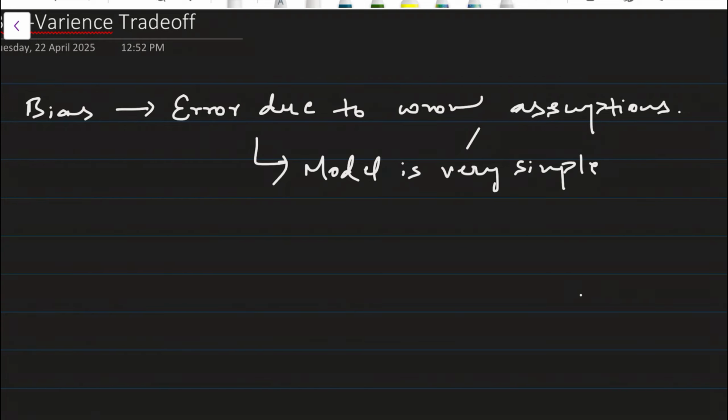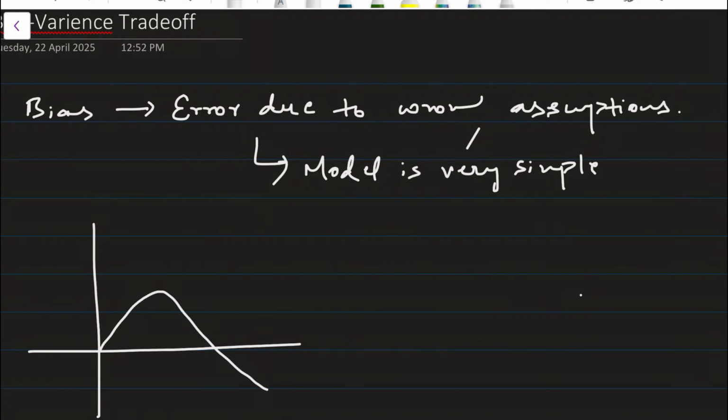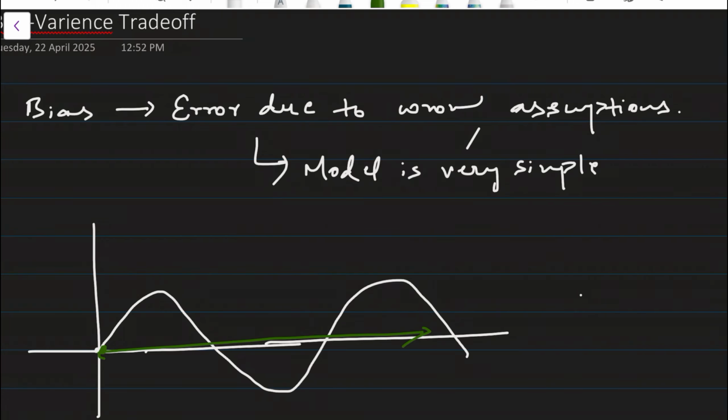But when the data looks like a cos or sine curve and we use multiple or simple linear regression, the line will be like this, because it is the only line where the error is much lower compared to other lines. Because the model is very simple, the error becomes more and more.